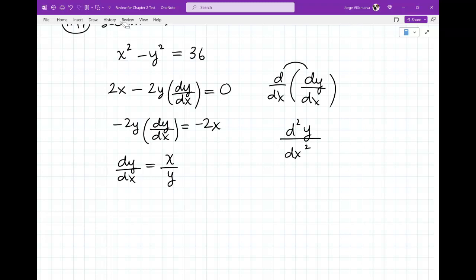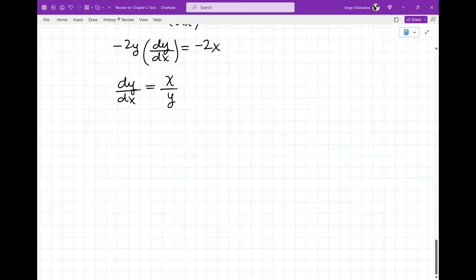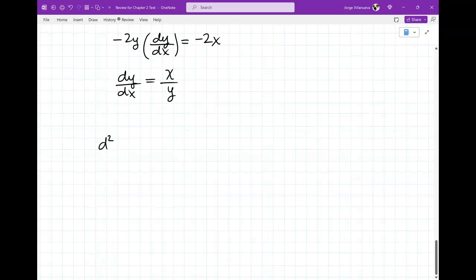That's how they get that notation, okay? So I'm going to take the second derivative of it. d squared y dx squared is, now it's already set up for me as a derivative, right? The derivative is x over y. So let me just take the derivative of x over y.